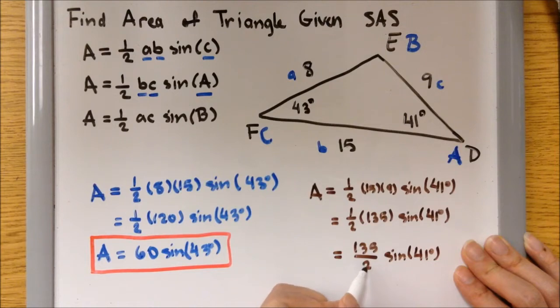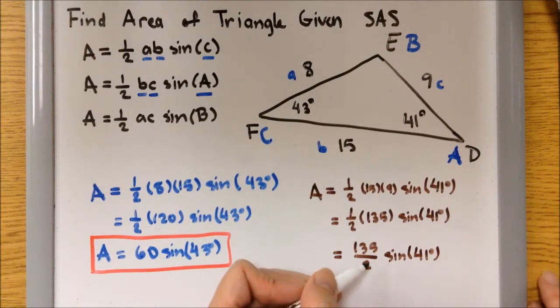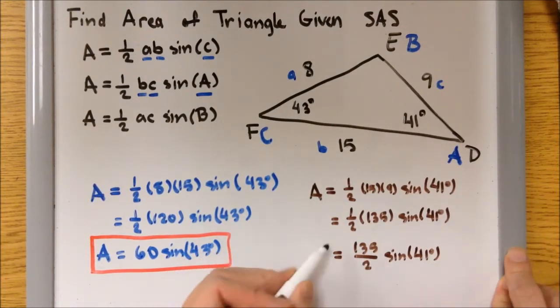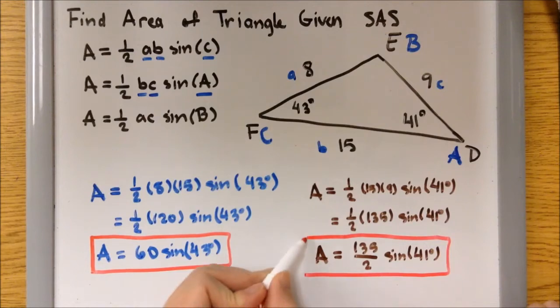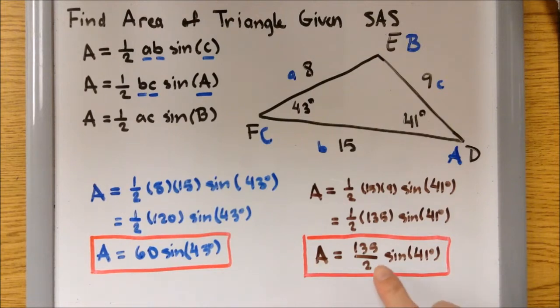I can't simplify it because it would be a decimal, so I'm just going to leave it like that, which is okay. So then, I'll write that as my final answer, and I'll box this. So, even though it's a different form, where I couldn't simplify 135 over 2, that's okay.